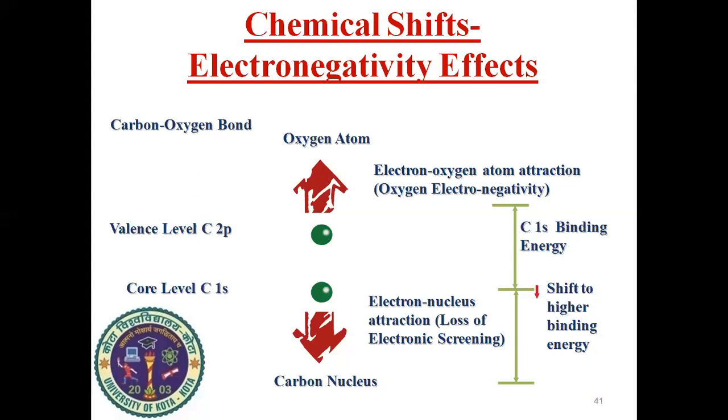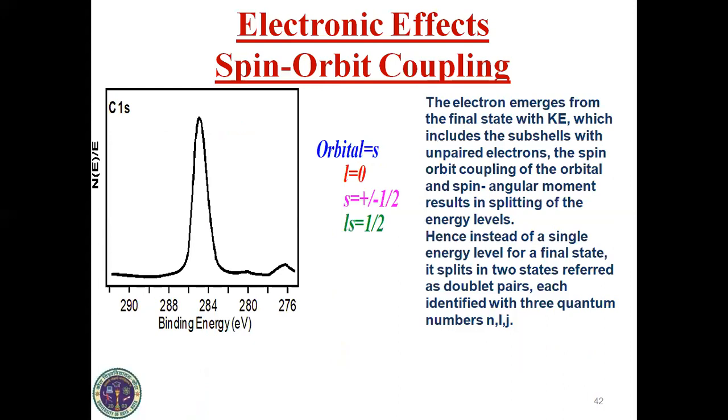There are other factors which also affect the XPS spectrum. These are electronic effects because of spin orbit coupling. In your atomic physics classes, you have studied that whenever there are single or two electrons having their L and S separately, they contribute towards LS coupling and JJ coupling.